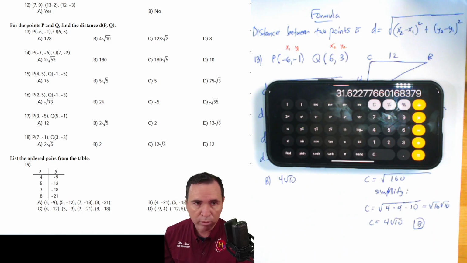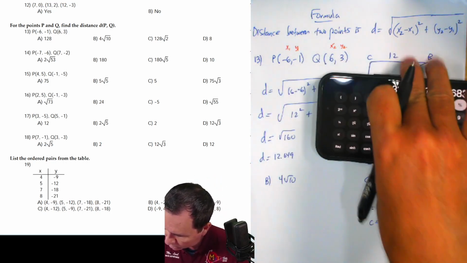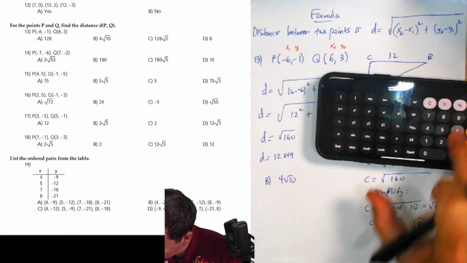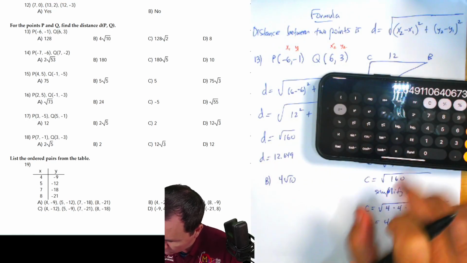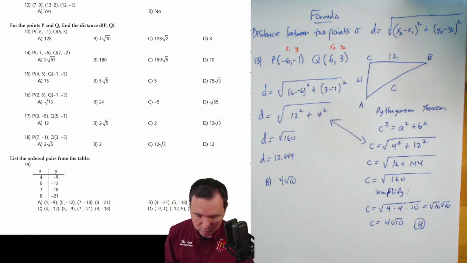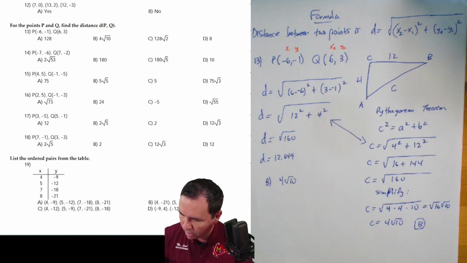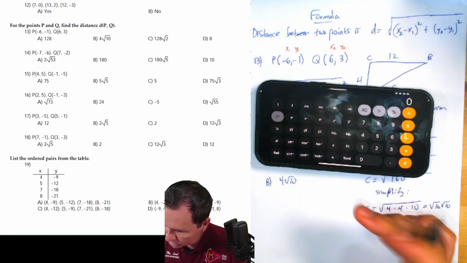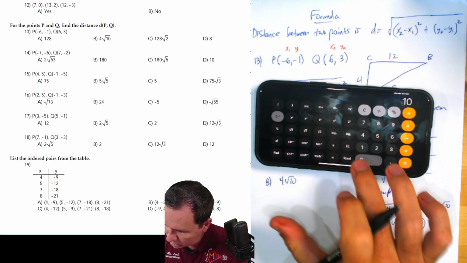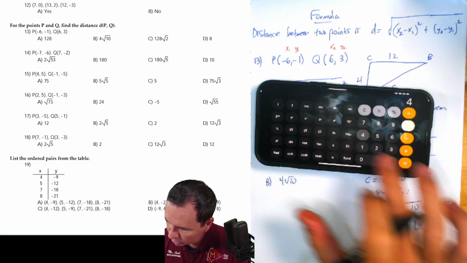So 31.16. I don't know how I got that other number. Oh, I'm supposed to be multiplying by 4. I'm sorry, my mistake. So you're going to do the square root of 10 and then times 4. I don't know why I was multiplying by 10.